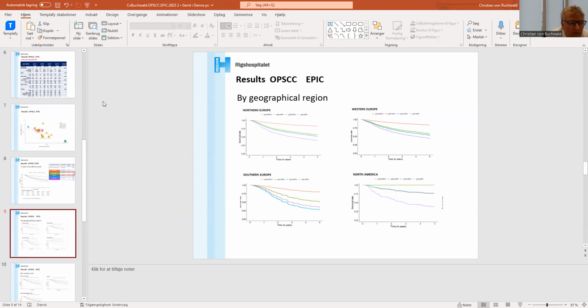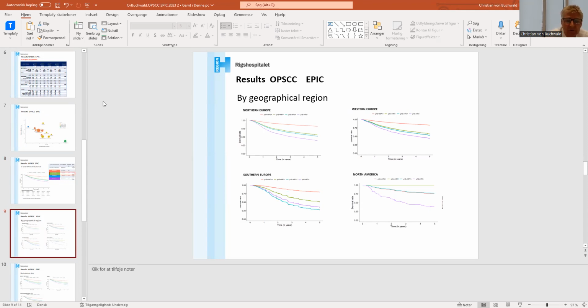Then we go back and look at the geographical region and the impact of that. When you look at Northern Europe, you see the same pattern. You see that the patients with double positivity have a much better survival than the patients with double negativity or discordance with P16 and HPV. And the same happens in Southern Europe, and the same happens in Western Europe.